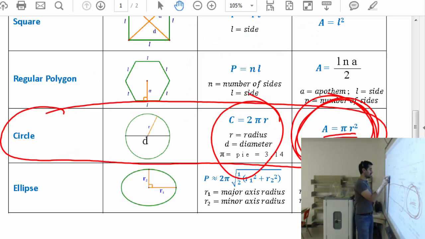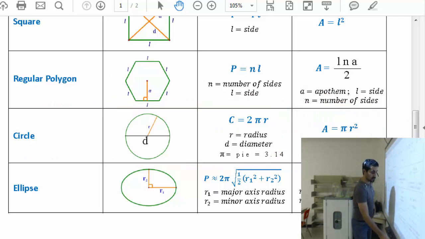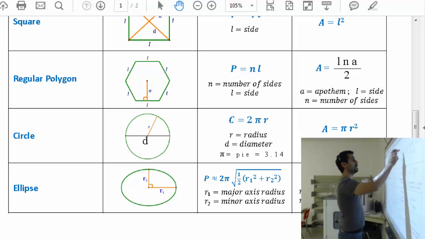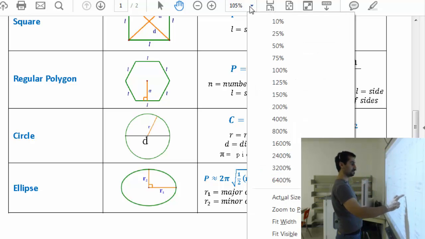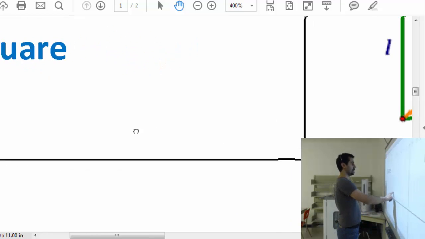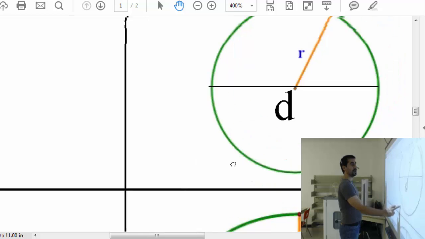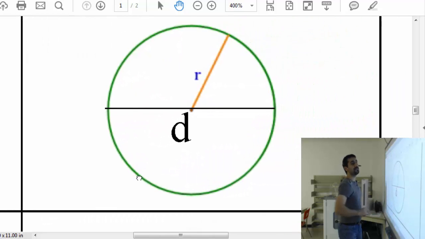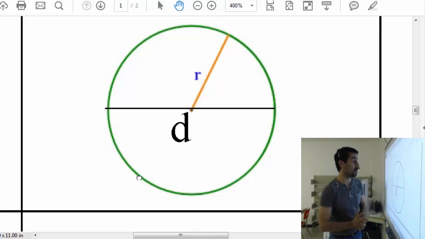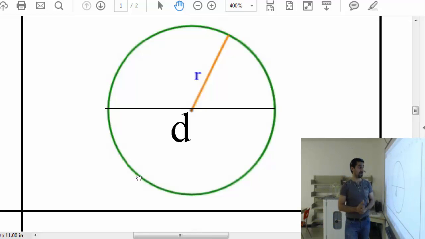And let's clear this first. Alright, so let me make this a little bit bigger. Square, parallelogram, circle. Alright, when you want to find out what the letters are representing, you need to look at the picture.